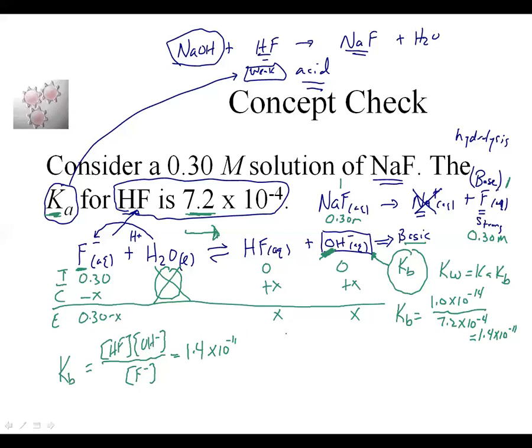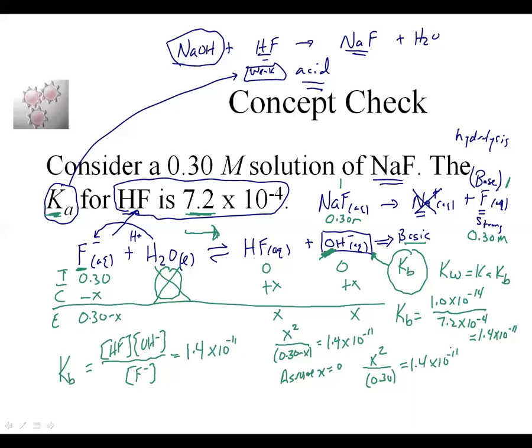So at this point, we now could just go to our regular process. We're going to take our x squared, spit that out, over 0.3 minus x, and again, equaling our KB value, 1.4 times 10 to the minus 11. We're going to assume that x is equal to 0. And that would get us x squared over 0.3 equals 1.4 times 10 to the minus 11.